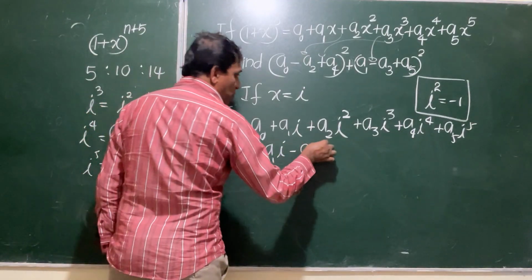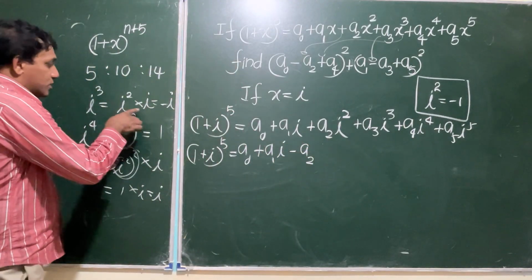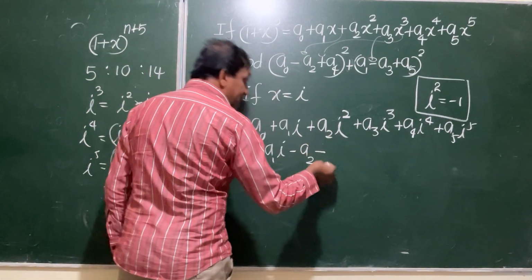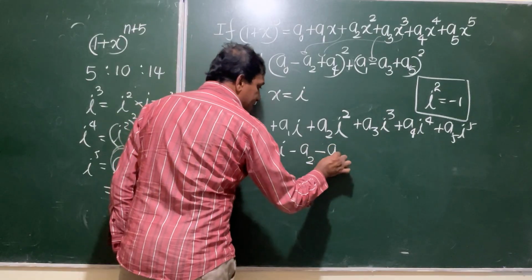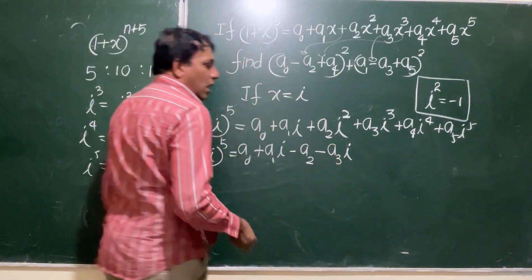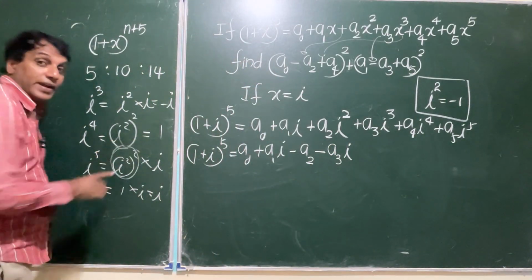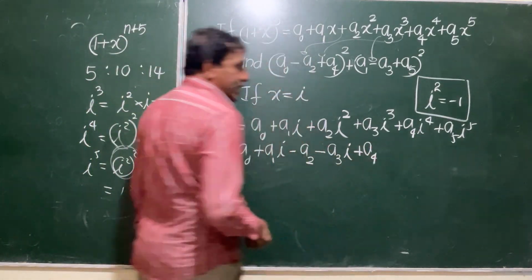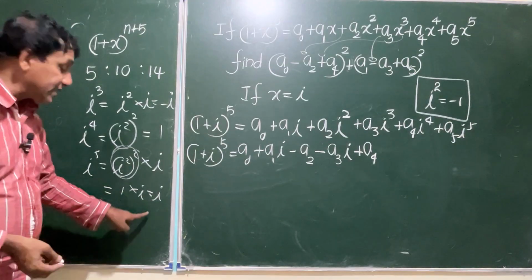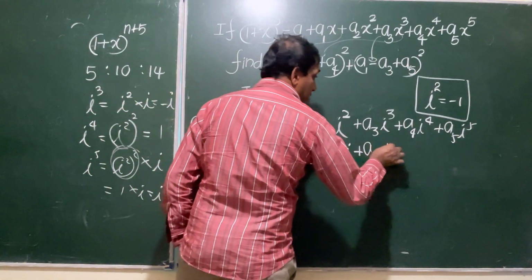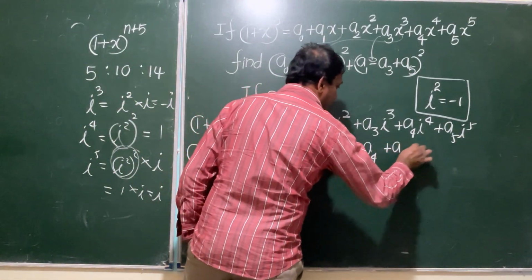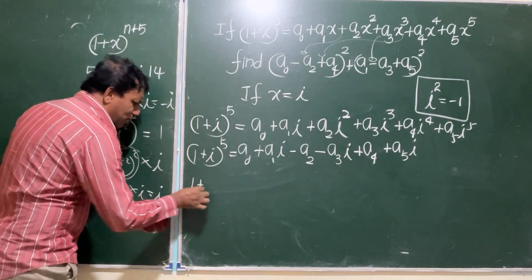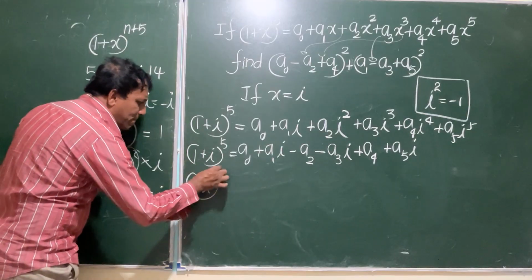Plus what is I cube? I cube is minus I, so minus a3 I. What is I to the power 4? That is 1, therefore a4. What is I power 5? That is I, so a5 I. Okay, right.